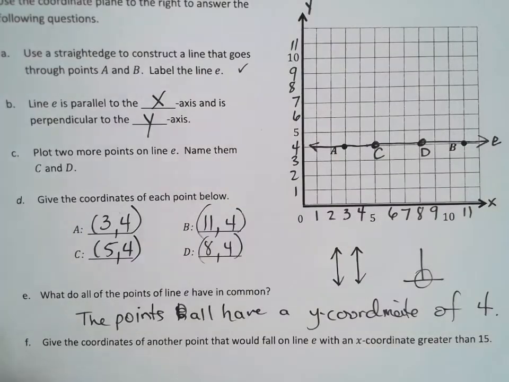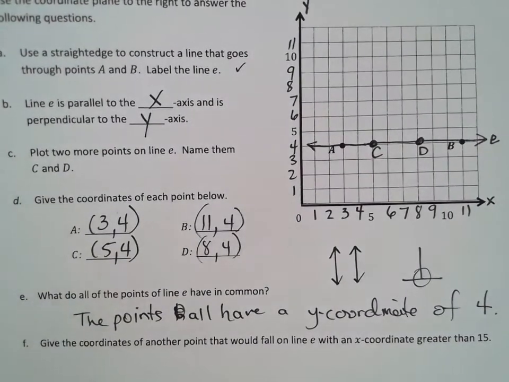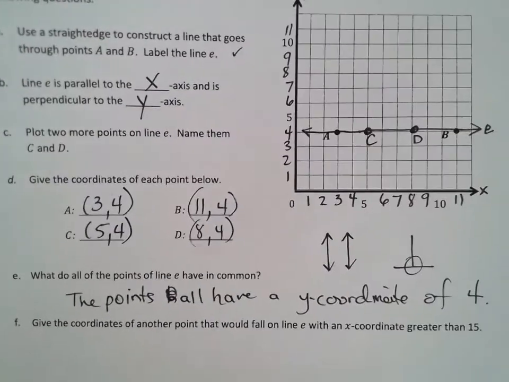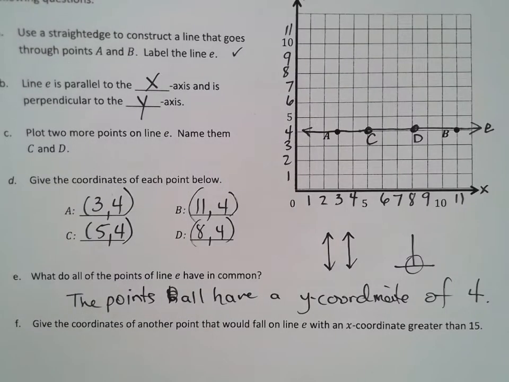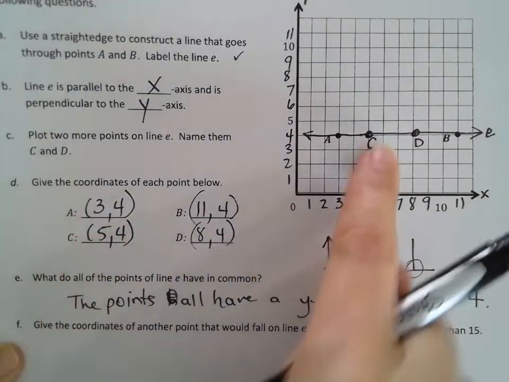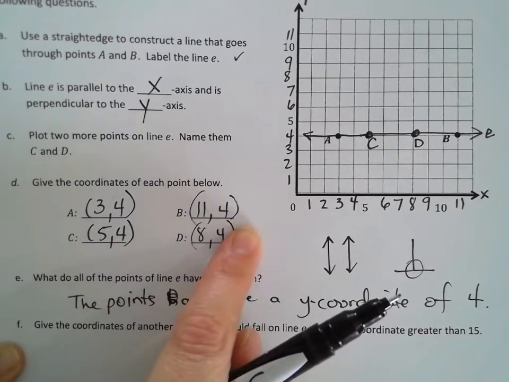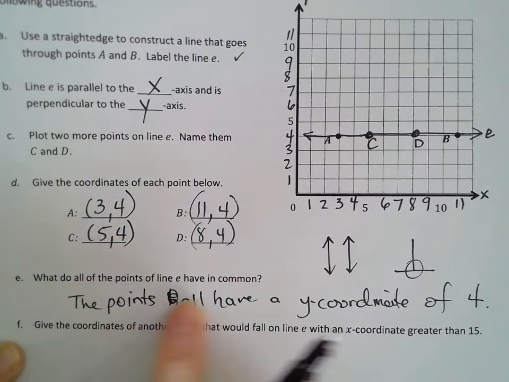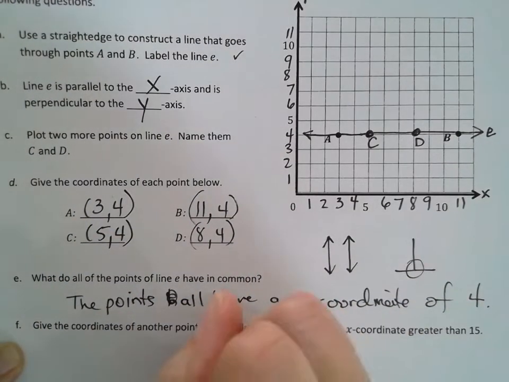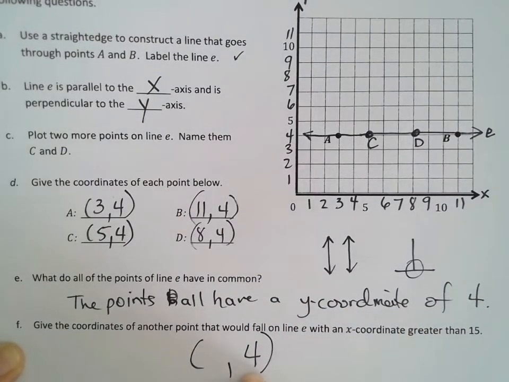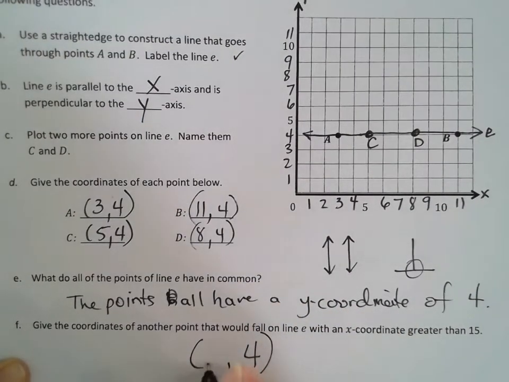And then it says, give the coordinates of another point that would fall on line E with an x coordinate greater than 15. Well, first and foremost, if it's going to fall on that line, what do we know it has to have? What did we just say? The points have to have a y coordinate of 4. That's right. So no matter what, we have to have a 4 there. They want our x coordinate, this right here, to be greater than 15.